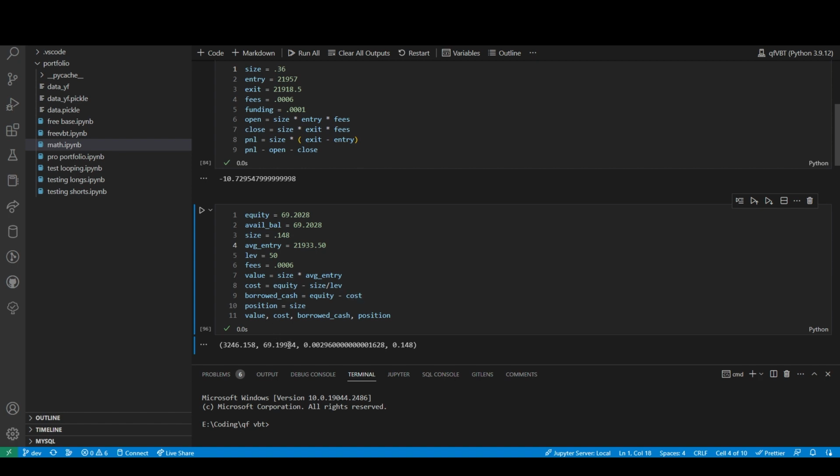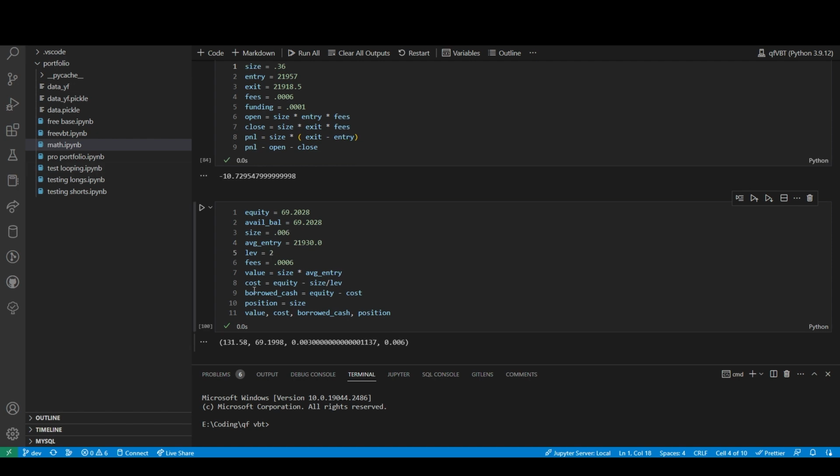The cost should be 68.7796. So I'm constantly able to get this value correct.